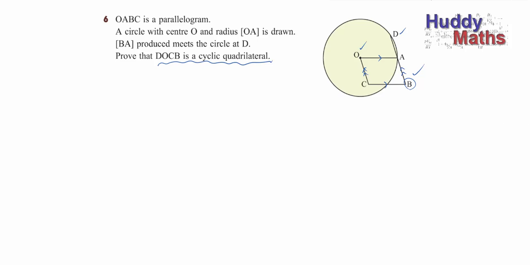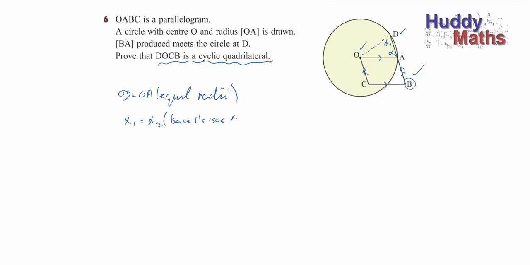I reckon we'll start with OD equals OA, because it's a circle. OD equals OA, equal radii. Therefore, what have we got? We've got an isosceles triangle, so we can say alpha 1 equals alpha 2 because base angles isosceles triangle.